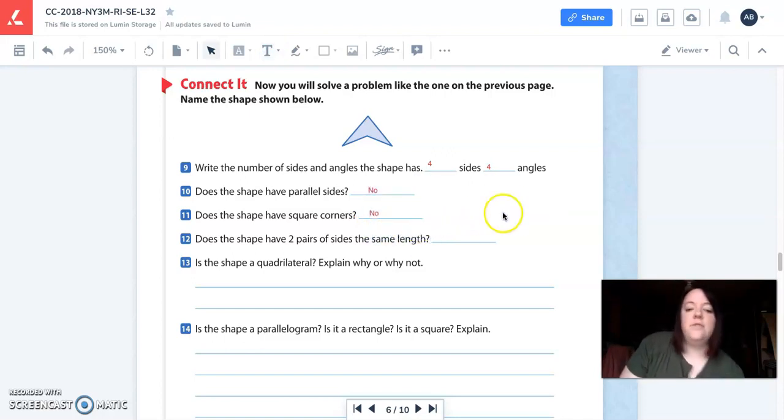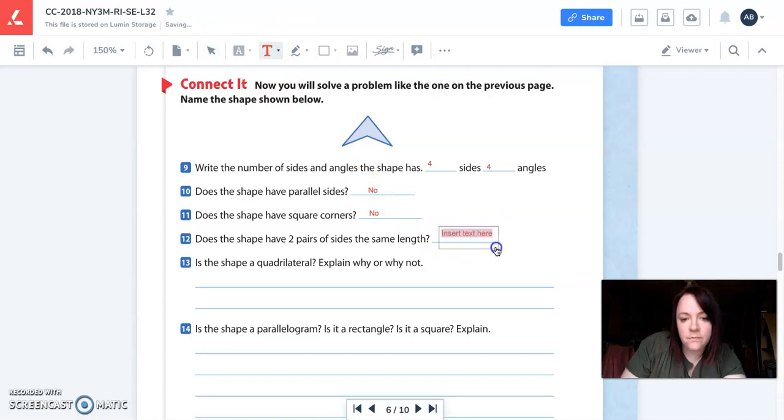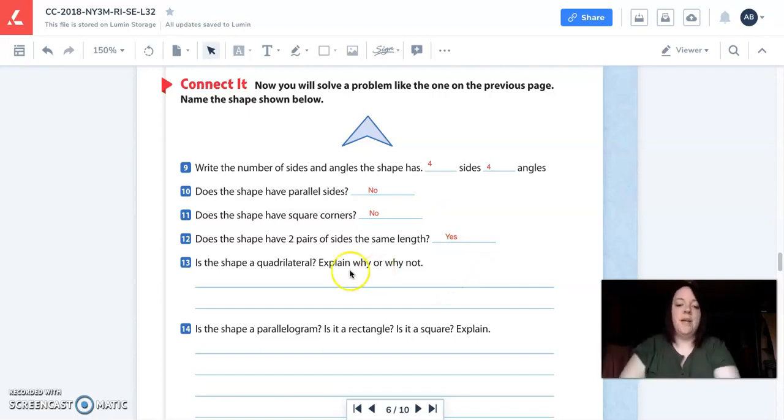Does this shape have 2 pairs of sides that are the same length? Yes, it does. Is this shape a quadrilateral? Yes, it is. Why? Because it has 4 sides and 4 angles.